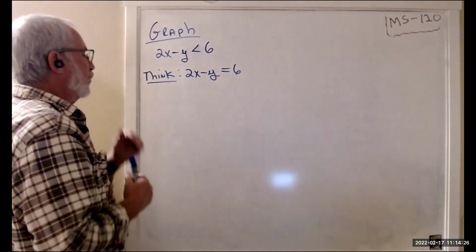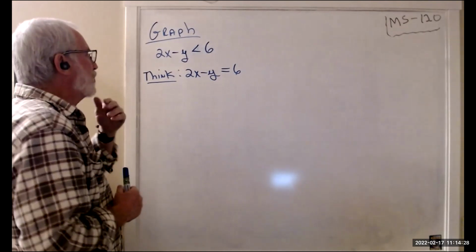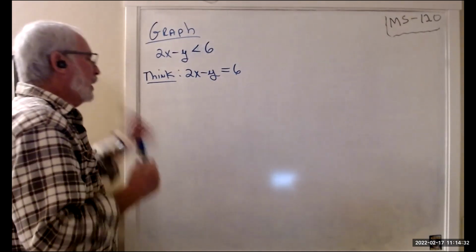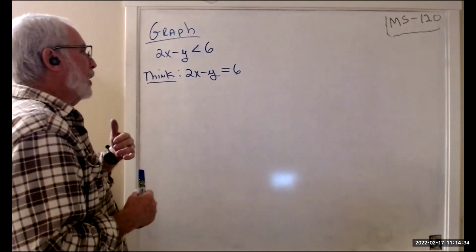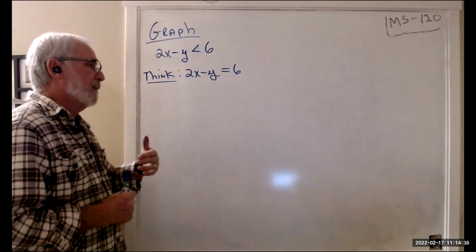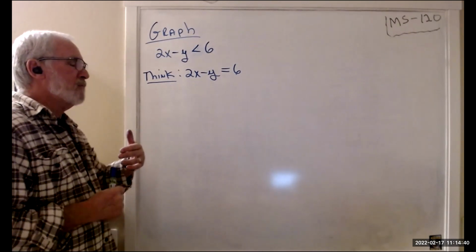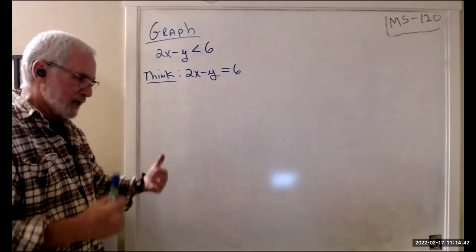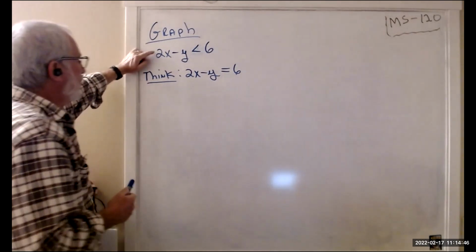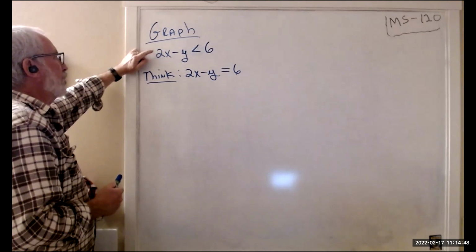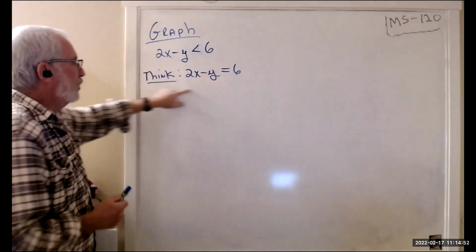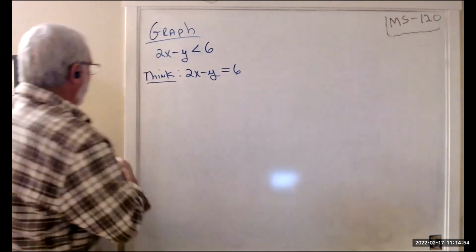Okay, so I hesitate to do this, but it's important that you guys have multiple methods to attack a problem. One of the things I said last night was pretend that's an equal sign. So then my question is, how would I graph that?